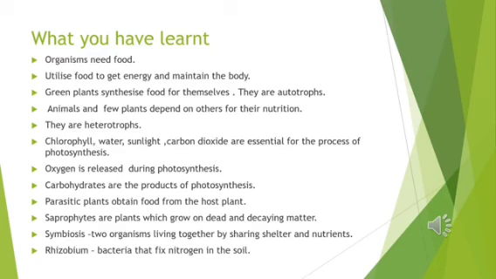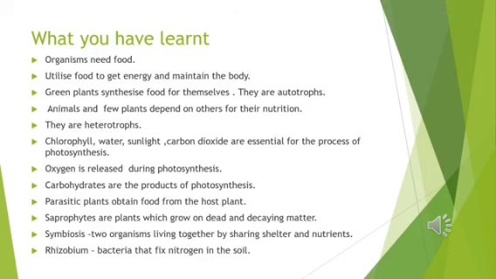Now under autotrophs, you know that they can make their own food, and to make their own food, what are the things that the plants require are the basic requirements. There are chlorophyll, water, sunlight and carbon dioxide, which is required for the process of photosynthesis. And during photosynthesis, the two important things that are produced are the carbohydrate, which is the product, and the next one is oxygen, which is released during photosynthesis.